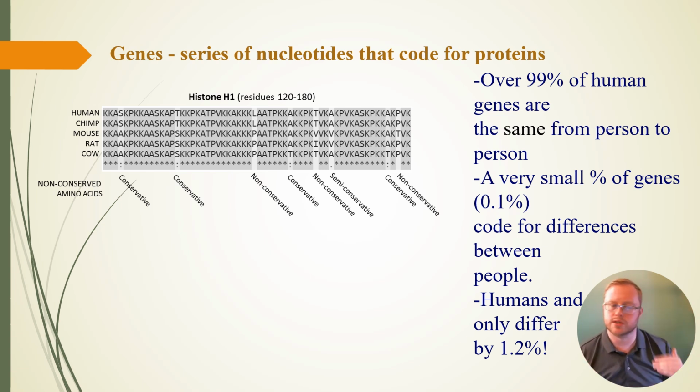Just because somebody looks a little different from you, that's not reason to hate them. We are almost identical to one another, no matter where in the world you come from. And humans and chimps differ by only 1.2%. So you'll often hear humans and chimps are 99% or 98% the same.